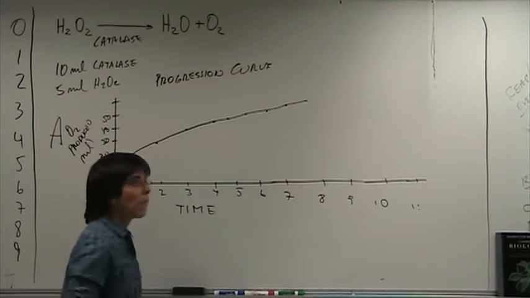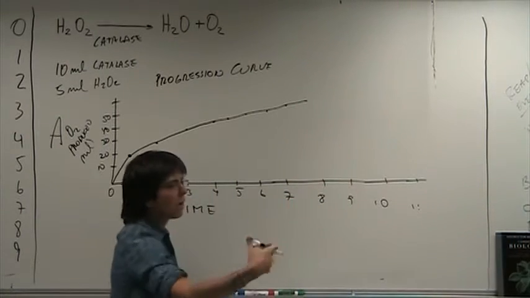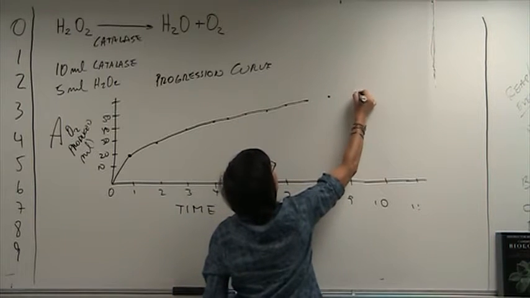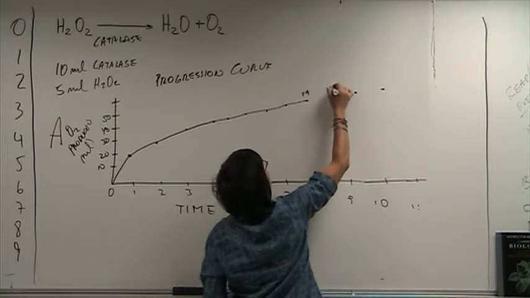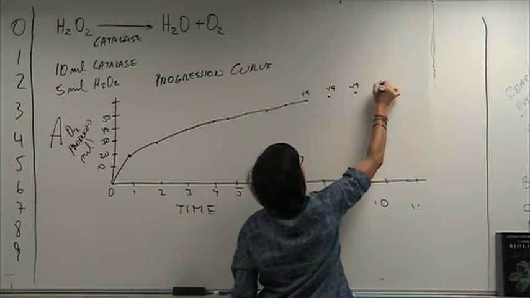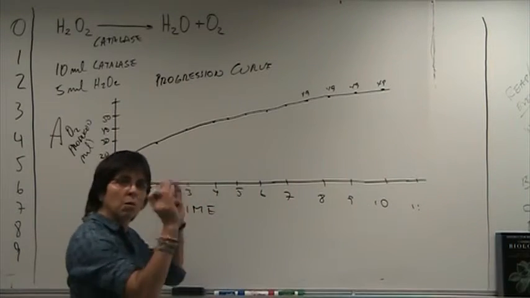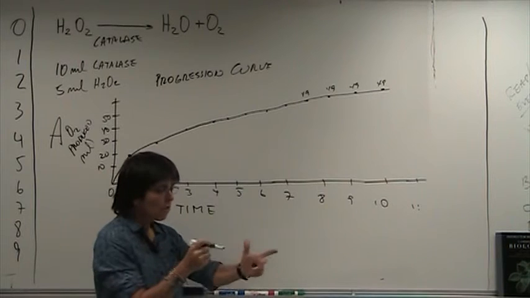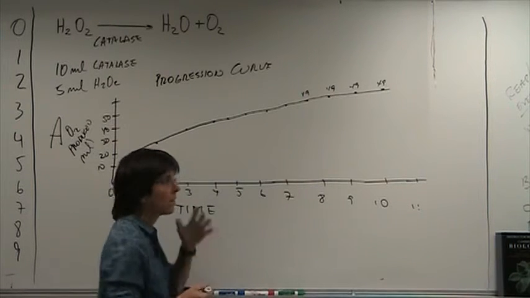And then you get to a point where, if we go to 12, 13 minutes, you get exactly the same reading. Let's say 49, 49. We usually stopped it when you got two readings the same, because that means that there is no more oxygen being produced, or it is being produced very, very slowly.